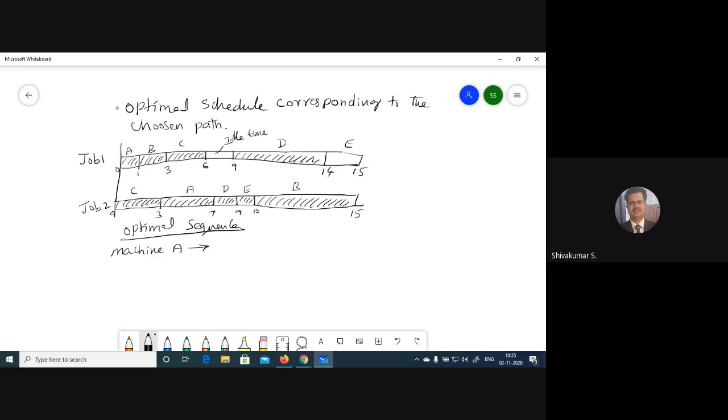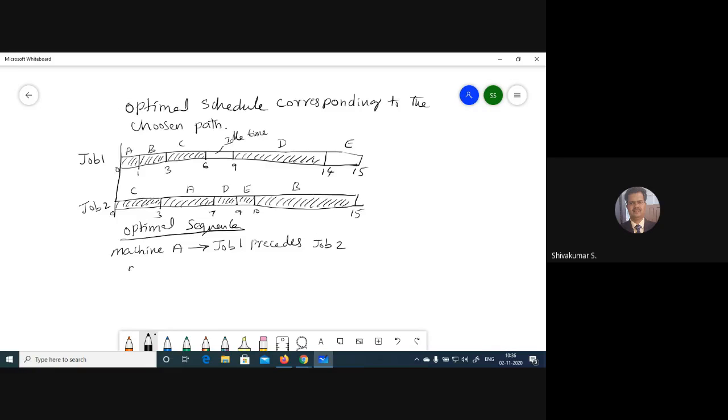Machine A. Job 1 first, because immediately from 0 it takes. So job 1 precedes job 2. Check out the graph. See, job 1 starts immediately. It is 0 to 1 only.